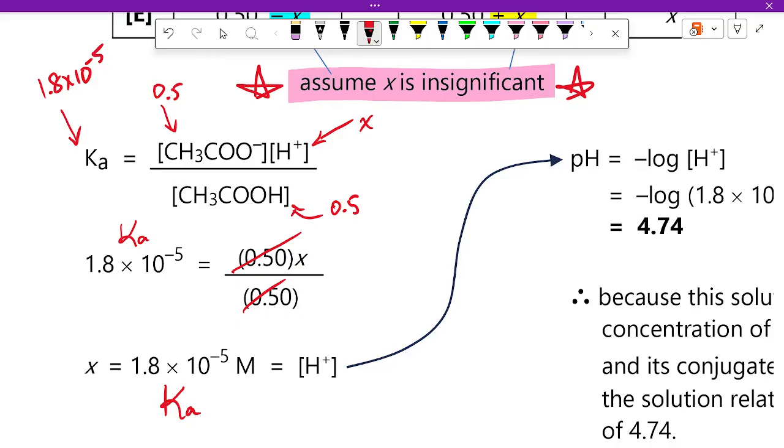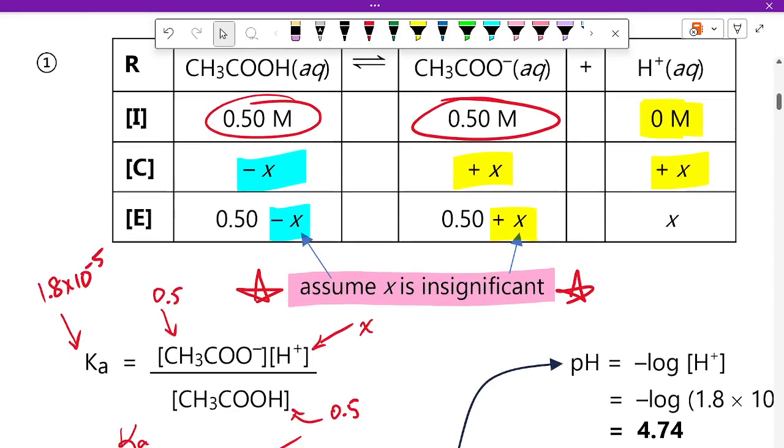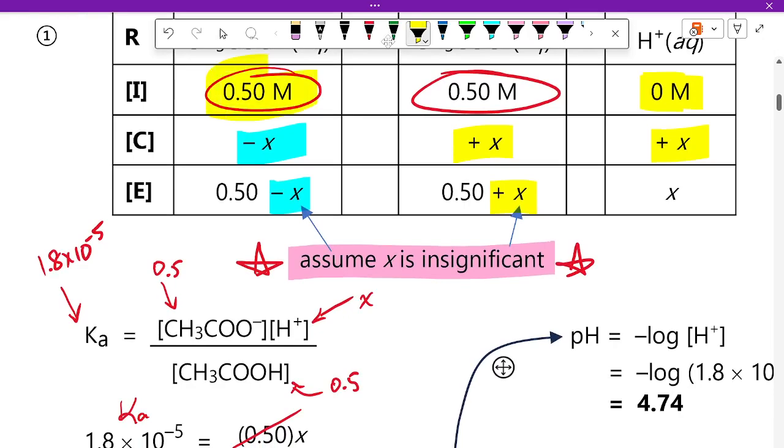Yeah, it's just like the indicator, and it's just like the pH at the half equivalence point, because at the half equivalence point, you are in a situation where these two concentrations are equal. So this is the same as a half equivalence point, but we're just not doing it through a titration. We're just doing it through putting the acid and its conjugate base into solution.